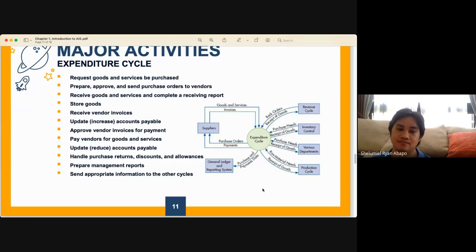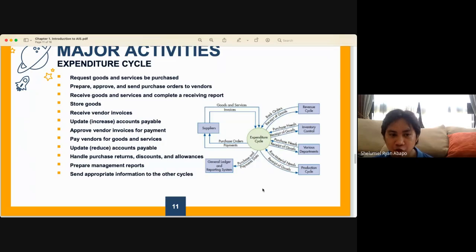Ngayon, yung purchase order na yan, pag nabangga mo at na-match mo or na-reconcile mo with the items received from the delivery ng supplier, then you prepare the receiving report. Okay? Then the items that have been acquired or purchased will be forwarded now to the warehouse for storage.